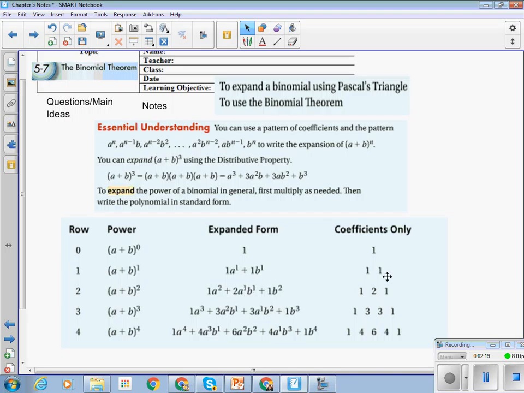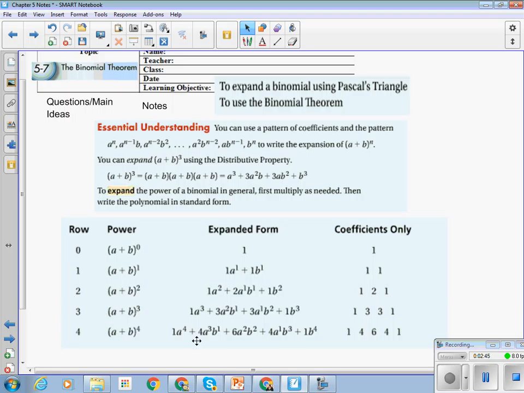If I just write the coefficients, it is 1 and 1. A plus b squared goes with row 2. When I multiply that out, I get a squared plus 2ab plus b squared. If I just write the coefficients, I get 1, 2, 1.